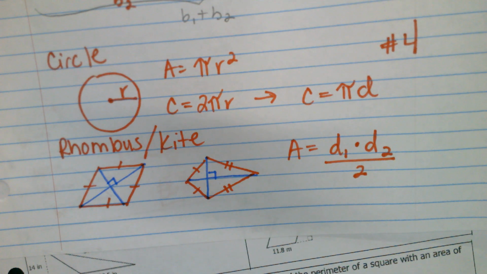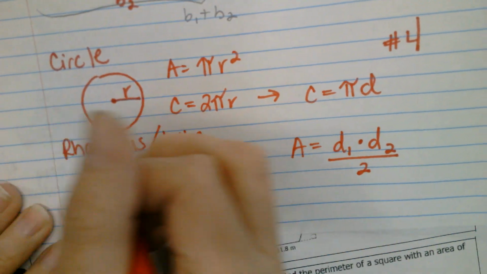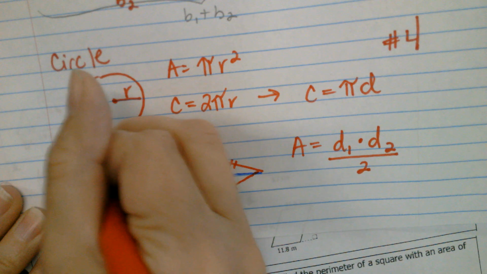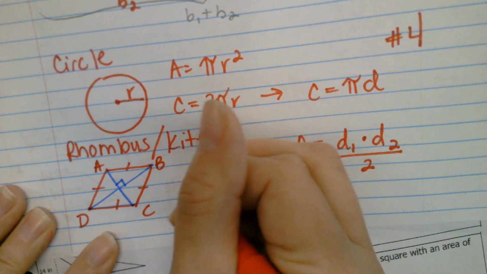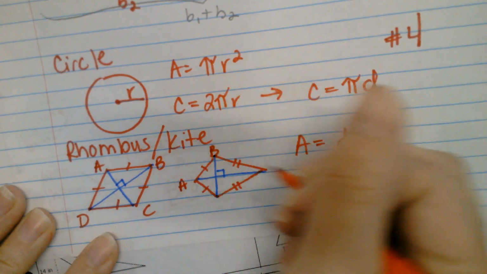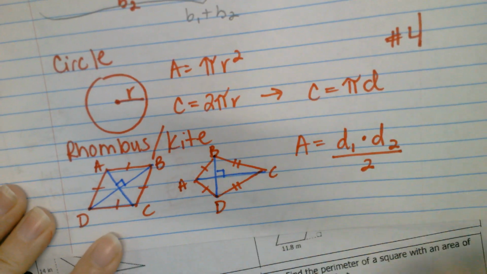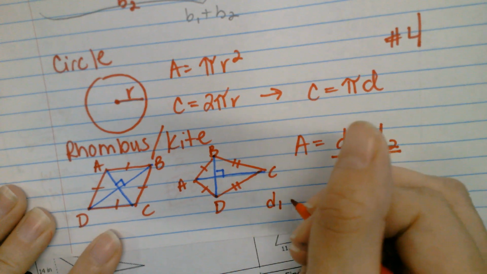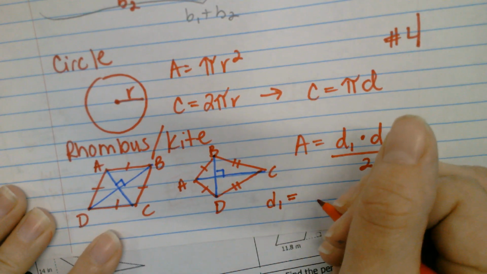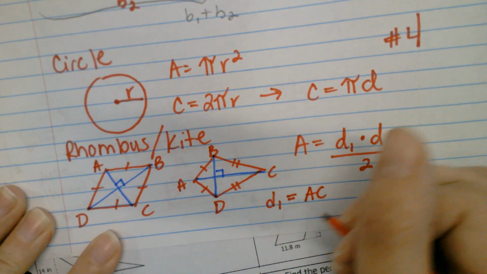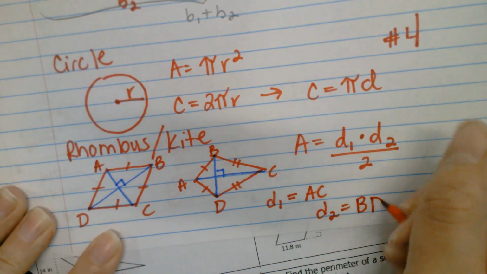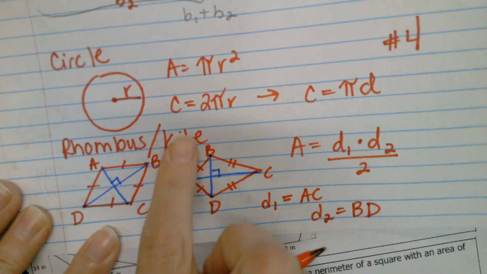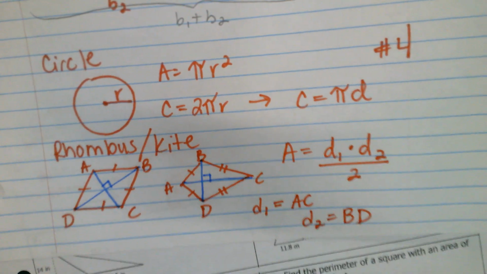I'm going to call these A, B, C, D, so that we have that diagonal 1 is AC and diagonal 2 is BD. And honestly, it doesn't matter. Just know that your diagonals intersect at a right angle.